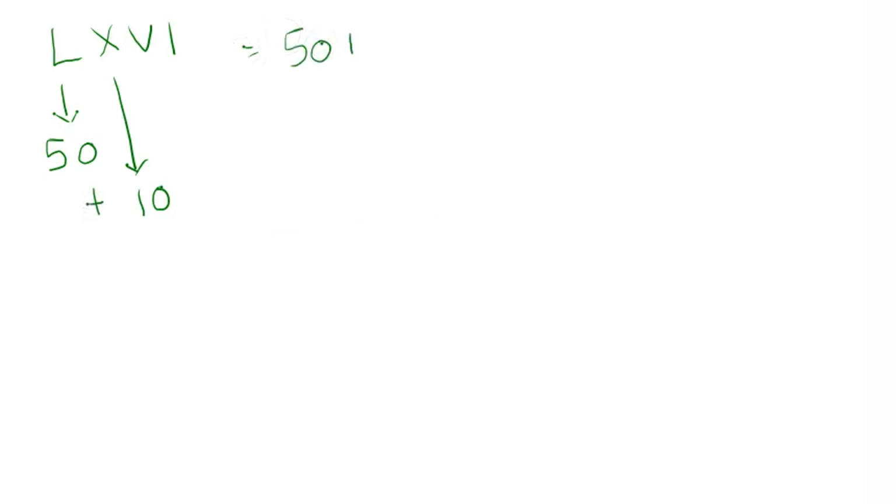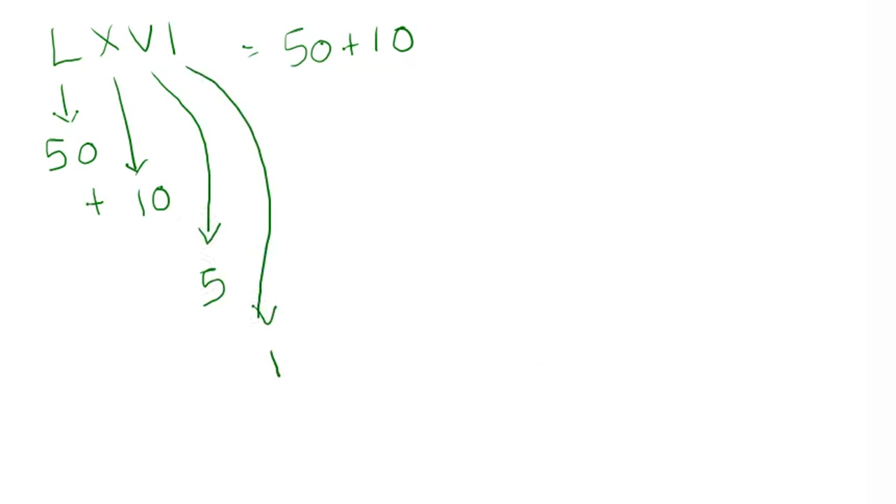So now we'll see another example. LXVI. So L is nothing but 50 and X represents 10. So again we have a greater number followed by a smaller number, which means you will have to add. So it is 50 plus 10. So here you have V. V is 5, and then you have got I. I is 1.